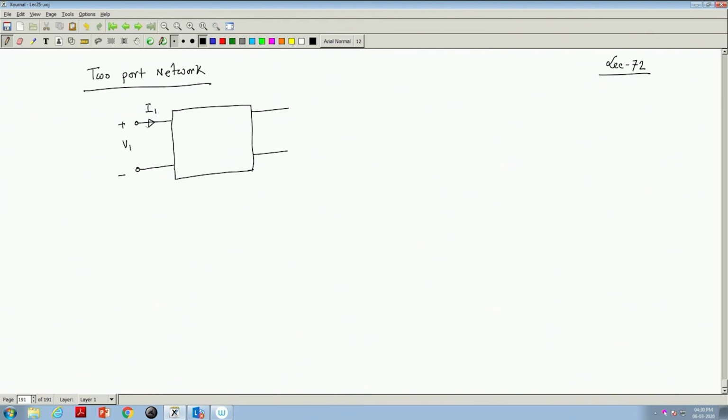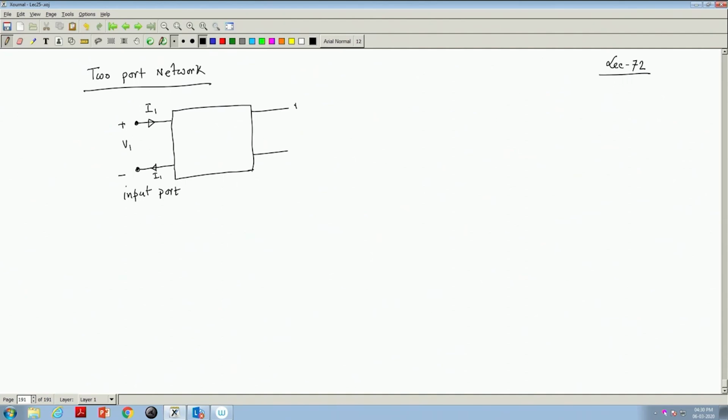Similarly, these two terminals together is called the input port. Very quickly I will recall input port. A pair of terminals is needed to define a port, and what qualifies it for being called a port is that the current supplied and the current returned are the same.